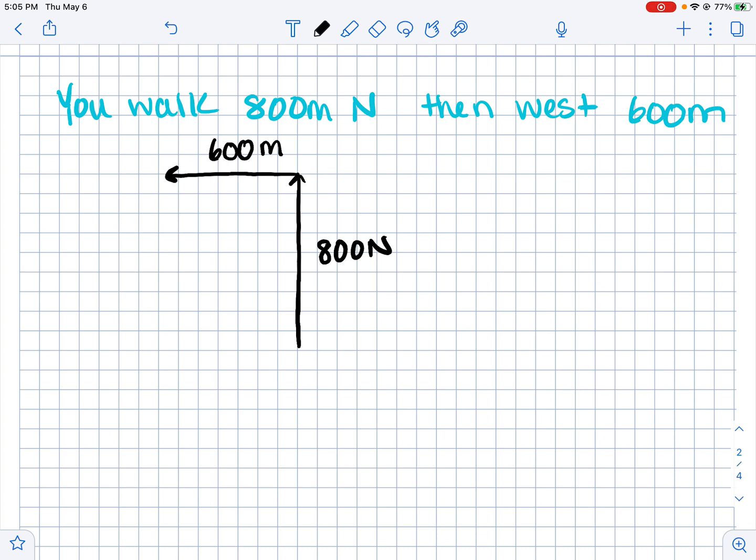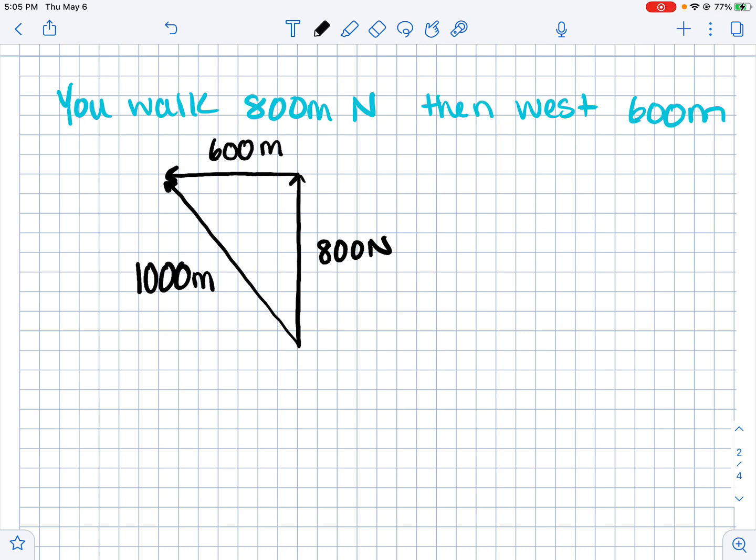What is your resultant distance? So the resultant vector would be, walking 800 north and then 600 west would be the same thing as if you walked, it's just Pythagorean theorem, 800 squared plus 600 squared, square rooted, would be 1,000 meters.